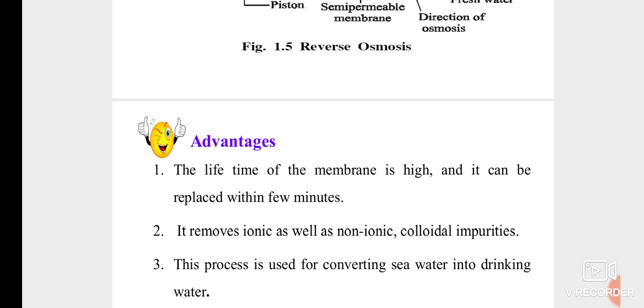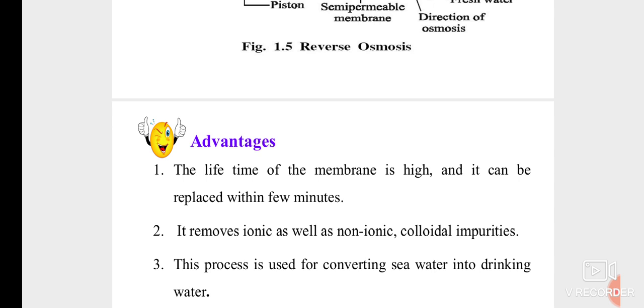So all the non-ionic substances and colloidal impurities are also removed in this method. But in the ion exchange process, only cations and anions are removed; turbid water, or water containing Fe ion and manganese, is not suitable for that method. But in this method, the colloidal impurities are also removed.